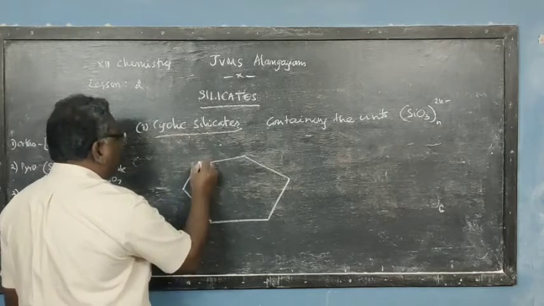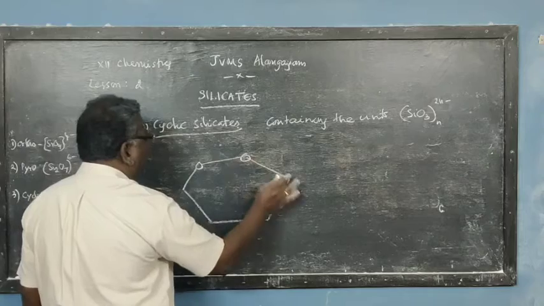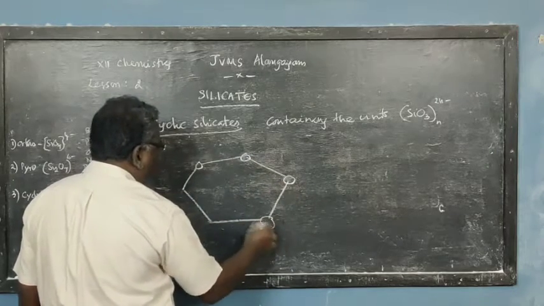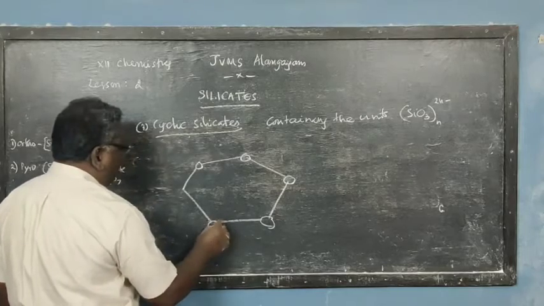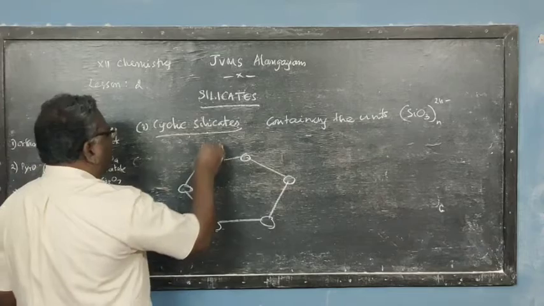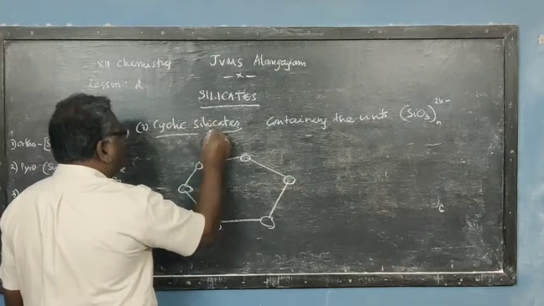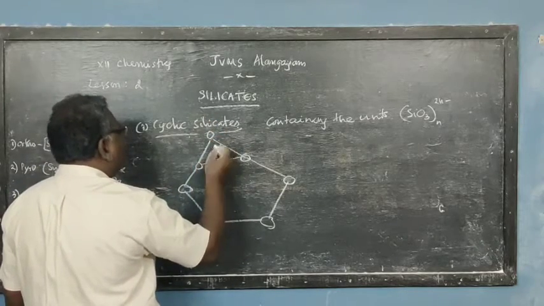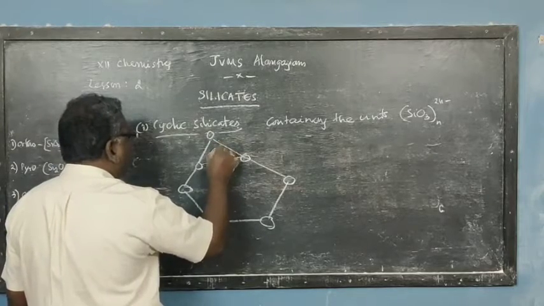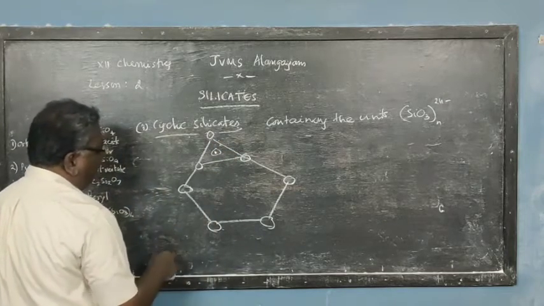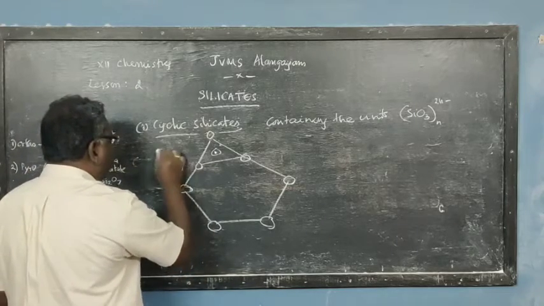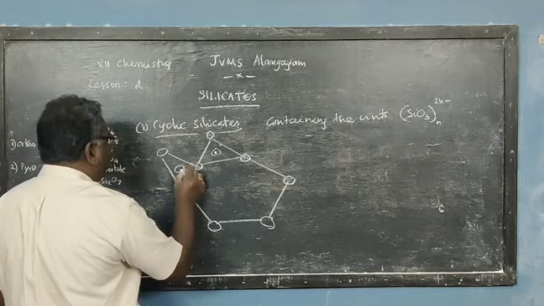And after that, put oxygens. Right? Now, one oxygen here with silicon here, and similarly one oxygen here with silicon in the middle.